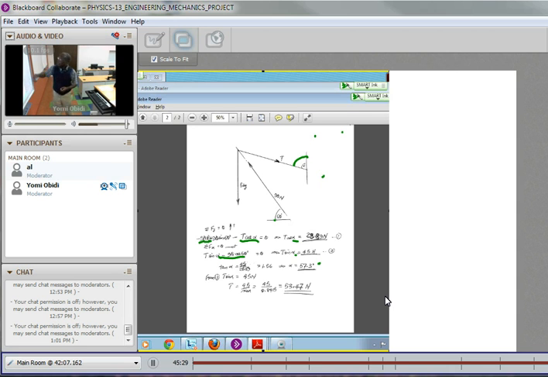T sine alpha, we already know, again from summation of forces in the y direction, is 45 newtons. So we can find T, because now we know alpha. Put the value for sine alpha below there, and we find the value for T. T is 53.47 newtons that this student is applying to the muscles at the back.